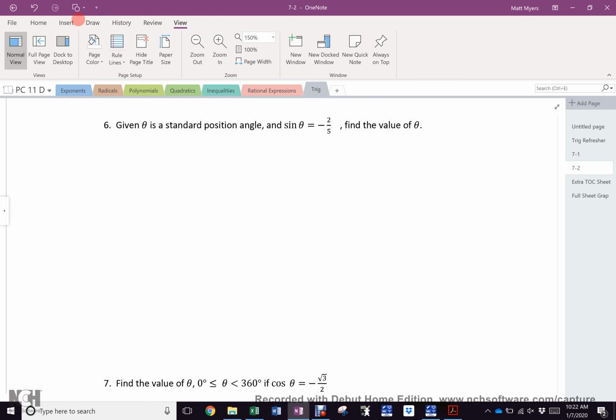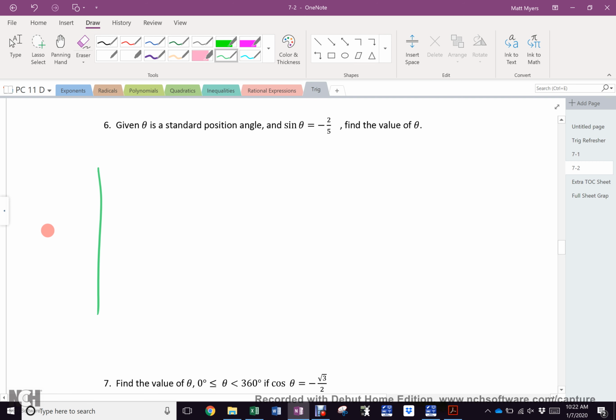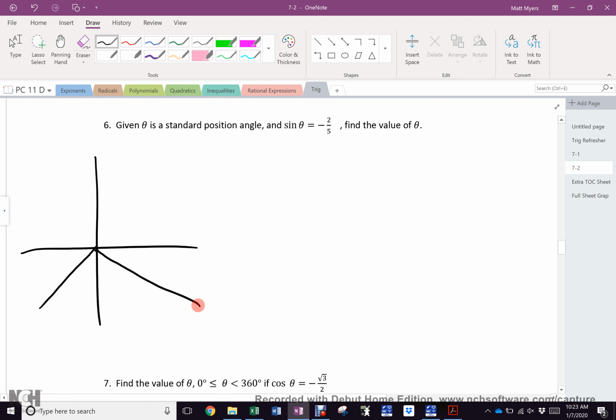So if the sign is negative, can it be out here? No. Can it be out here? No. It has to be down there and down there, yes? Because sine is negative.